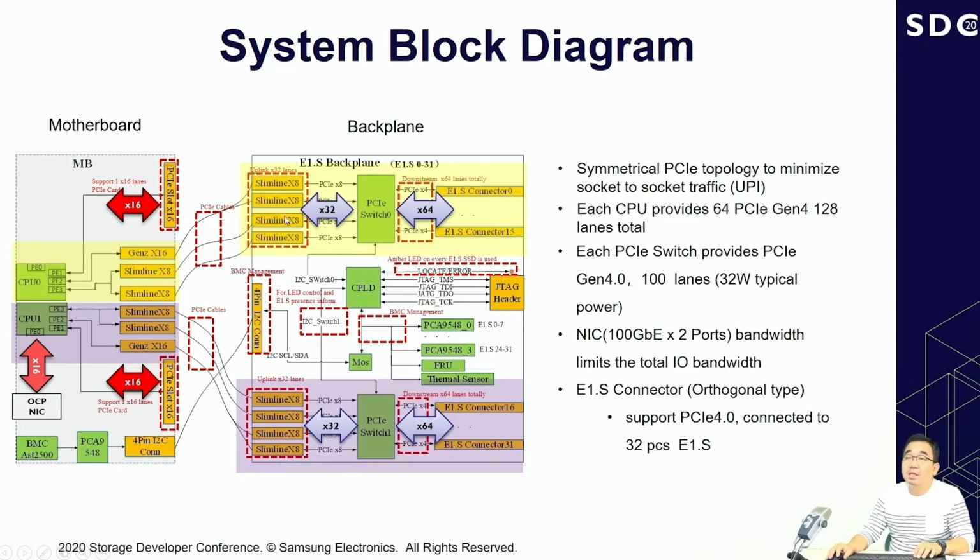If you look at the uplink side of the system, 32 PCI lanes are connected to each CPU, and a PCI slot with 16 lanes is also connected to each CPU. On CPU 1, another 16 lanes are used for the OCP NIC slots.